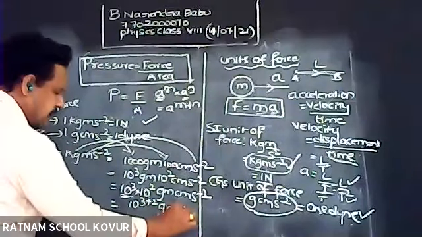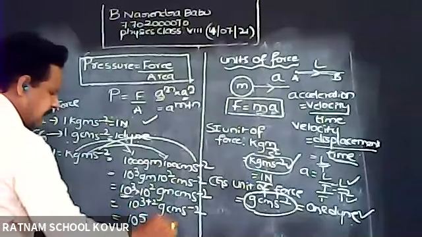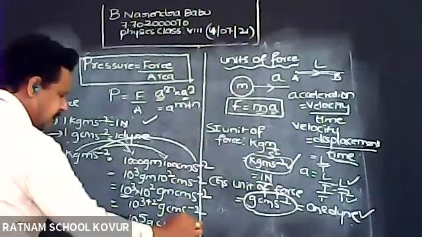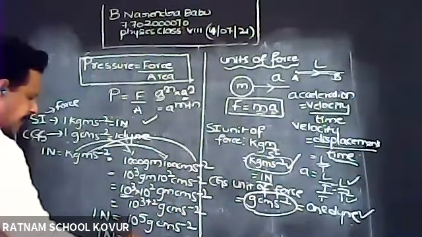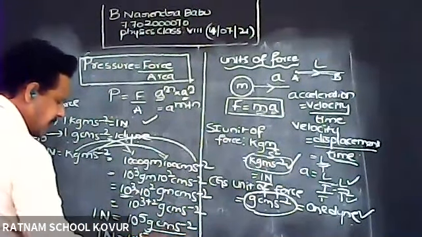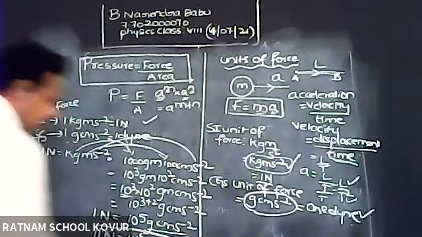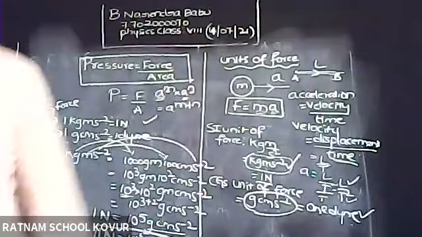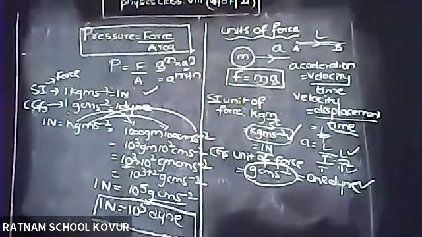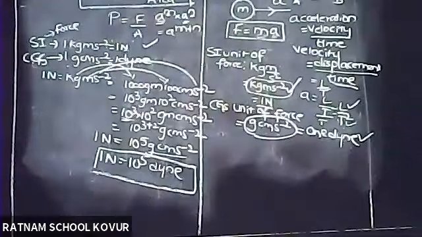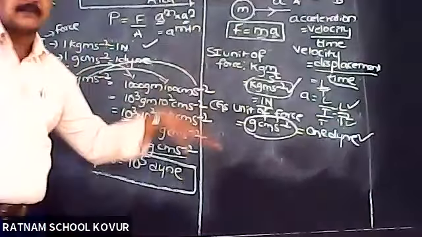So 10 power 5 gram centimeter s power minus 2. So 1 Newton is equal to 10 power 5 dyne. Just I am converting SI unit into CGS unit.